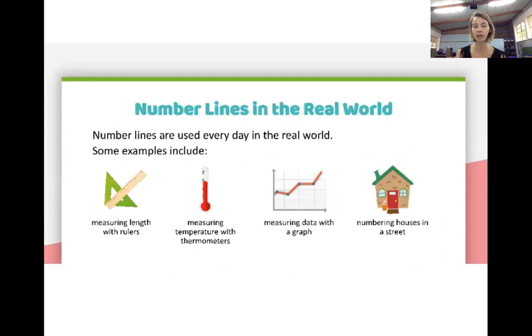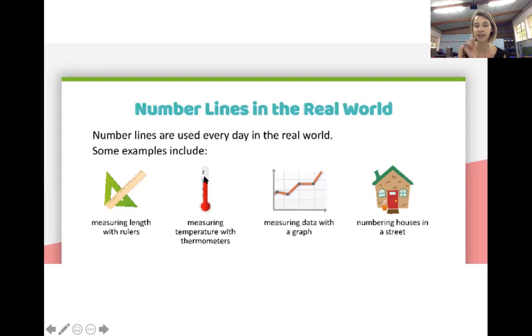Okay, let's have a look at how number lines are used in everyday life. Well, if you've ever seen a ruler before, you will see that it's very similar to a number line in that everything is spaced equally and it has numbers that go in an order. We also, back in the day, used to have these kinds of thermometers that would have numbers going up on a line.